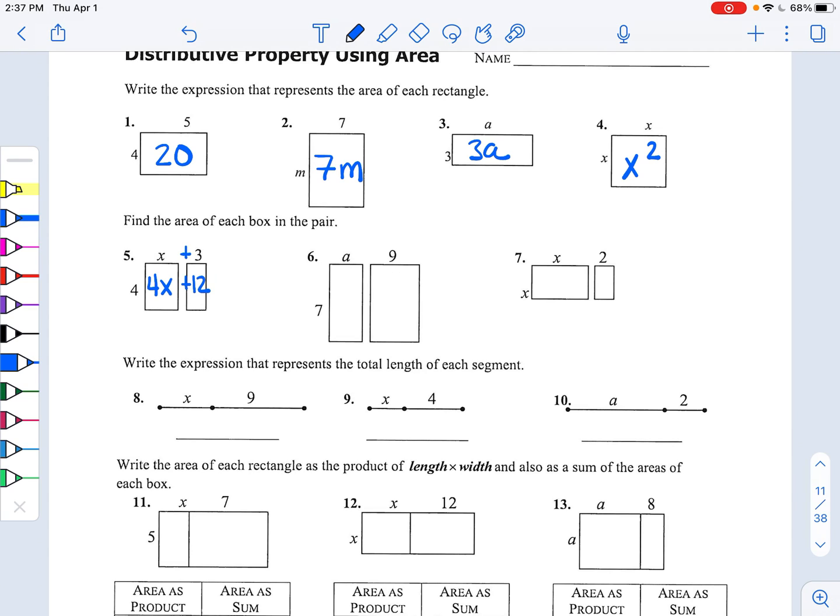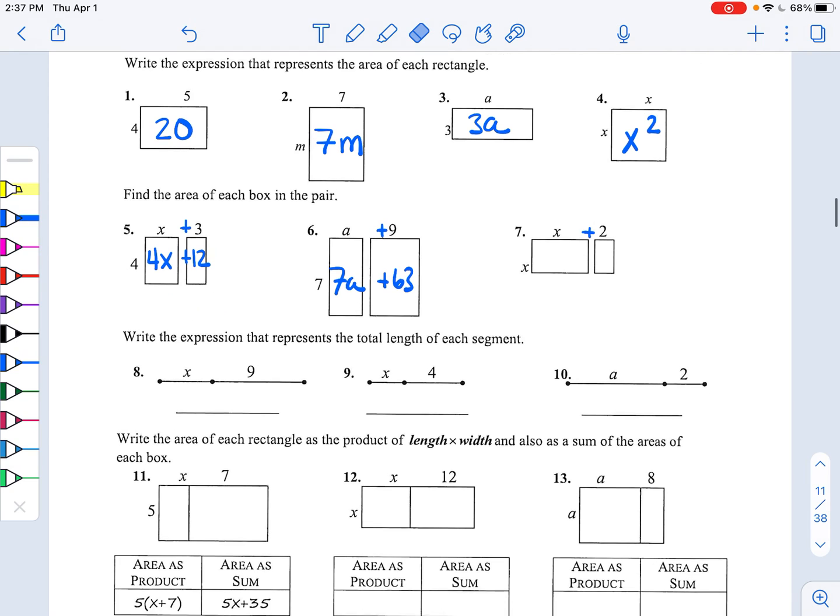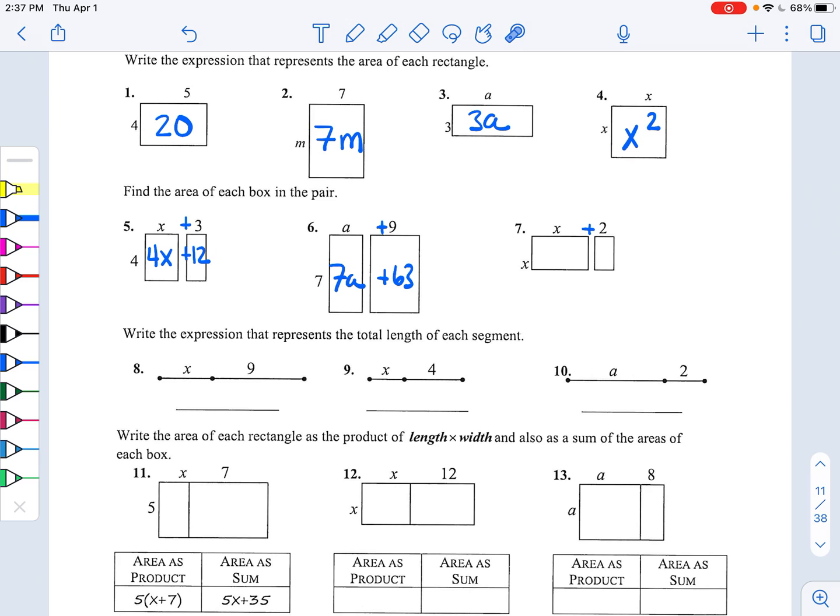So this would end up being 4x plus 12. On number 6, 7 times a would be 7a. And 7 times positive 9 would be positive 63. So that's 7a plus 63.